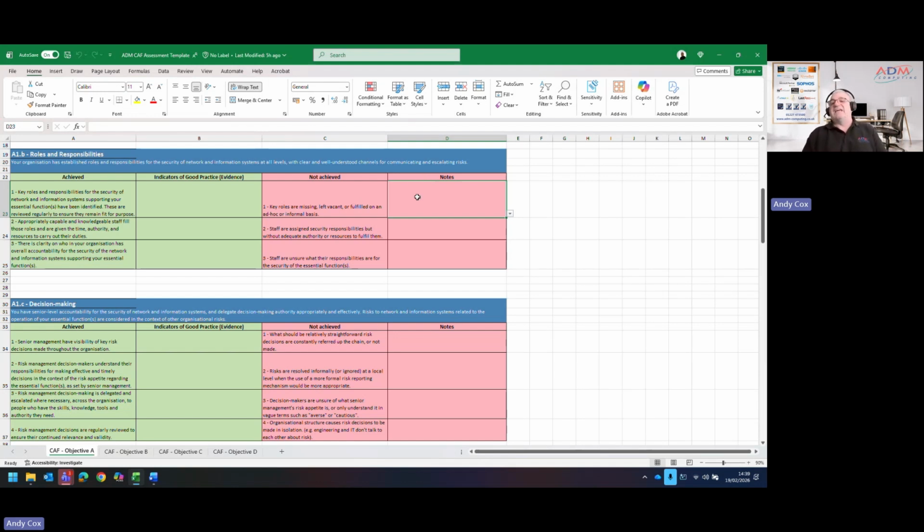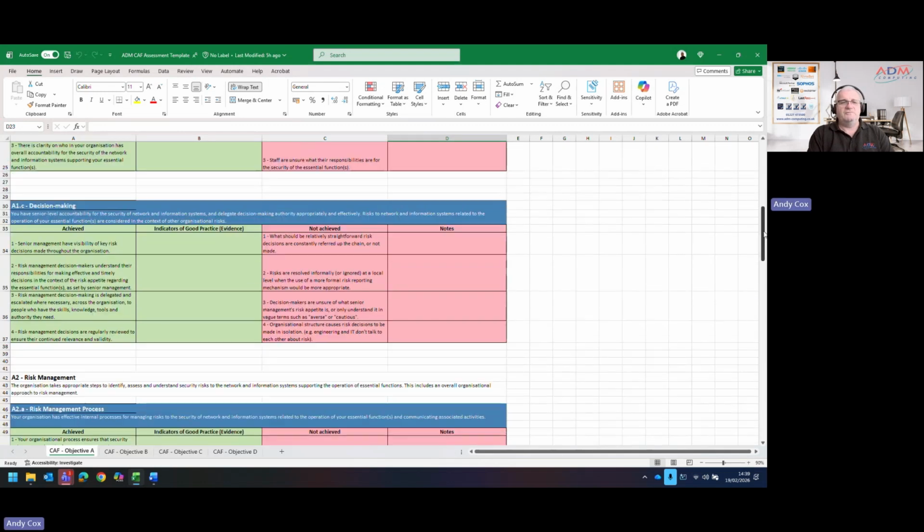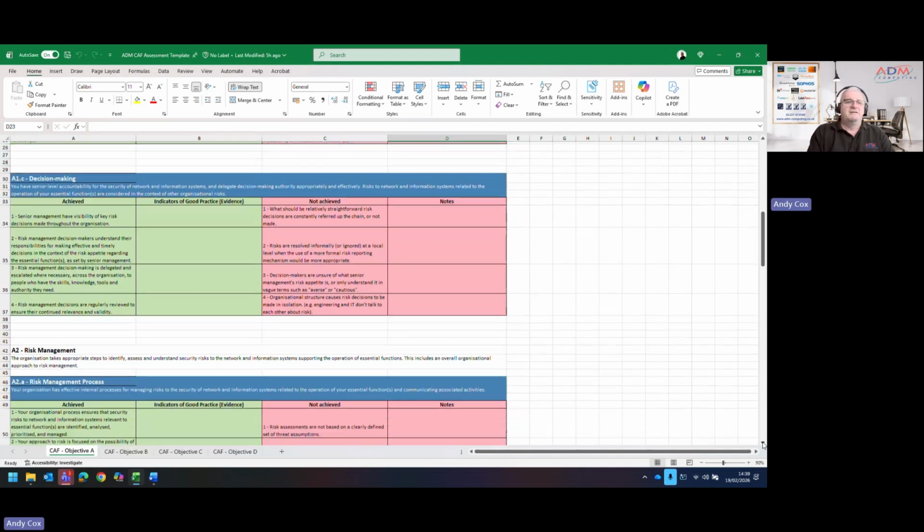It may just be, haven't got round to it yet, which at this stage is a perfectly acceptable thing to put in the notes, because it gives you the basis of a plan for achieving these gaps in cybersecurity.